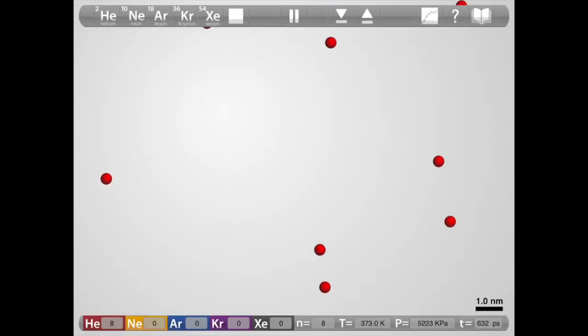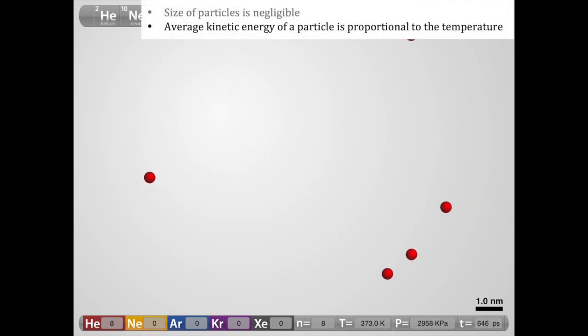Now, the second assumption is that the average kinetic energy of the particles of the gas is proportional to the temperature in Kelvin. This basically means that as the temperature increases, the velocity and the kinetic energy of the particles will increase. As you can see here, the temperature is 373 Kelvin.